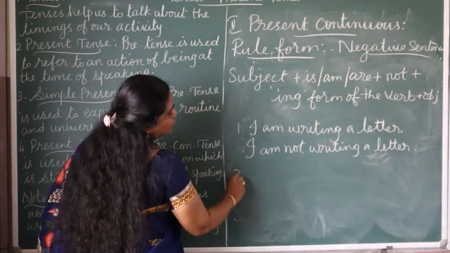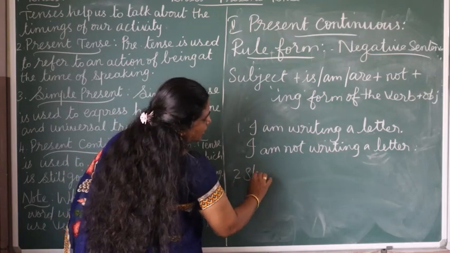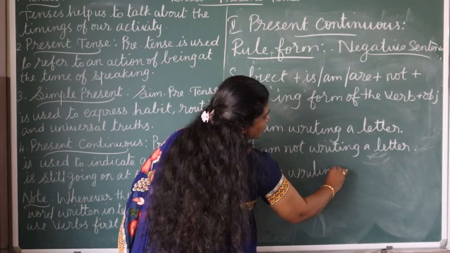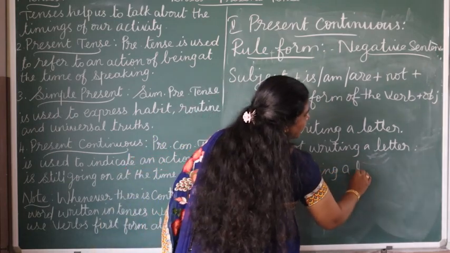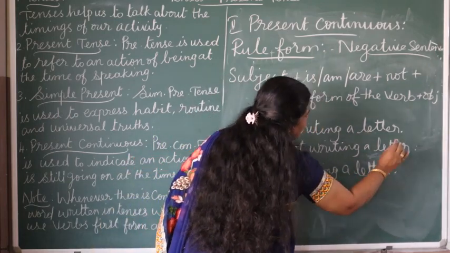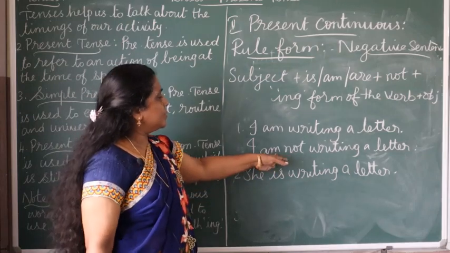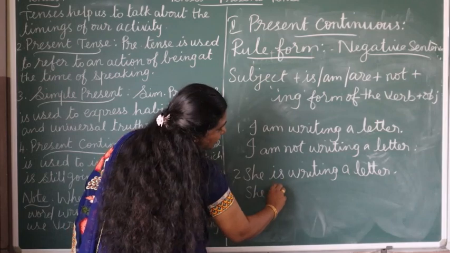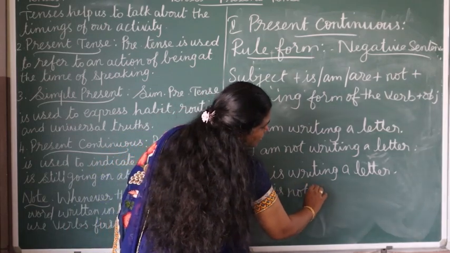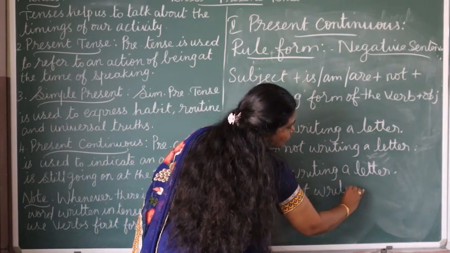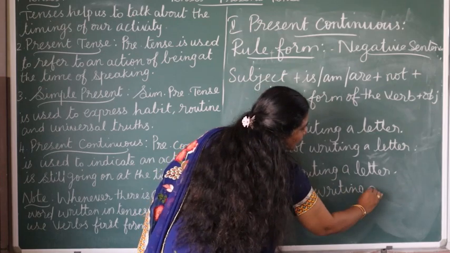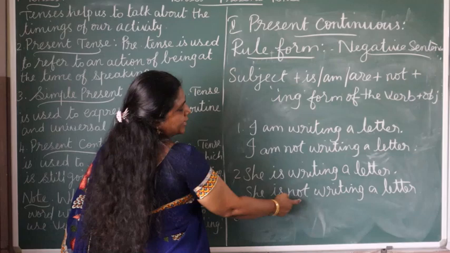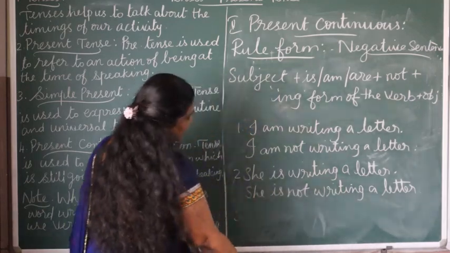Another example, she is writing a letter. It will be very easy after adding not after the helping verb. So she is not writing a letter. In short, she isn't writing a letter.